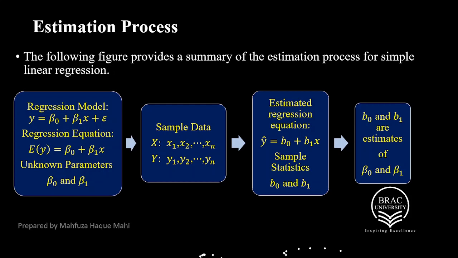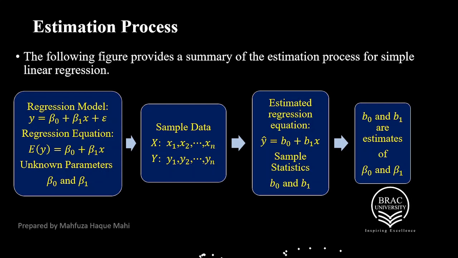Here you can see the estimation process for simple linear regression in our graph. In the first box, we have the regression model y equals beta 0 plus beta 1 x plus epsilon, and from the regression model we get the regression equation as E of y equals beta 0 plus beta 1 x. Finally, here we have the parameters beta 0 and beta 1 which are unknown. We have to estimate these unknown parameters.